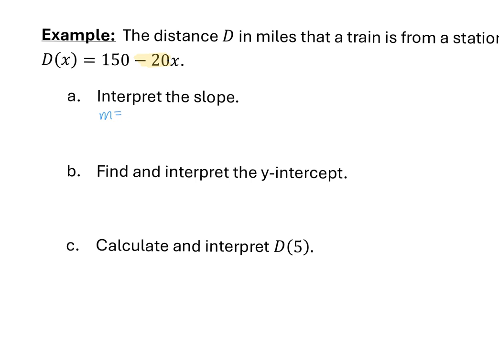Now we do want to interpret it. We want to say that the distance is decreasing. Why decreasing? Because it's a negative. And then we want to say by how much. So we have our number part, it is by 20. And we do need to include our 2 units.